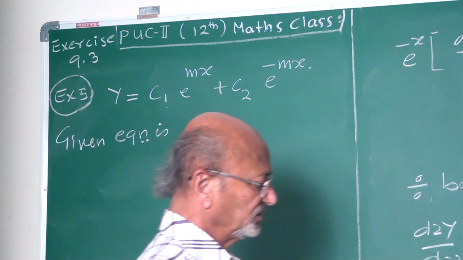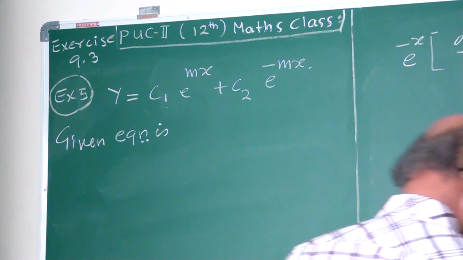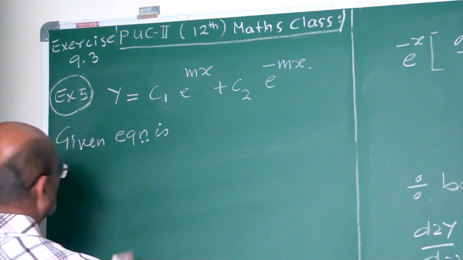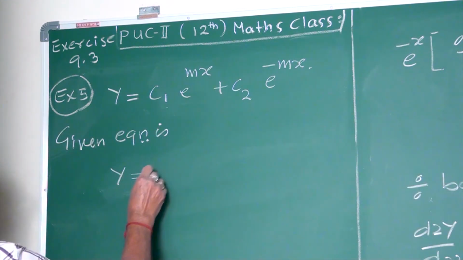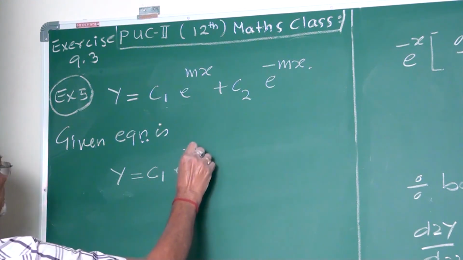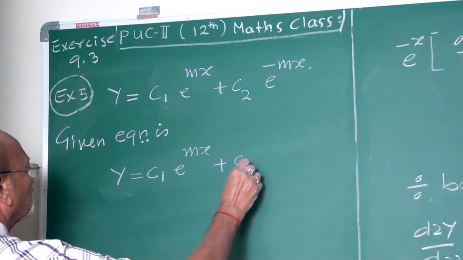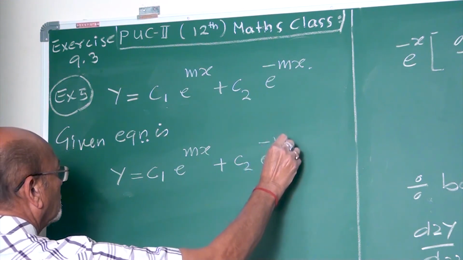This is the given. The given equation is y equal to C1 e to the power mx plus C2 e to the power minus mx.